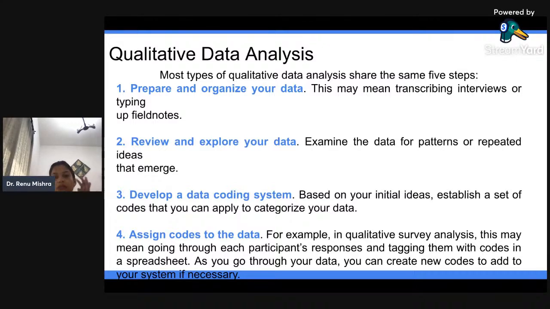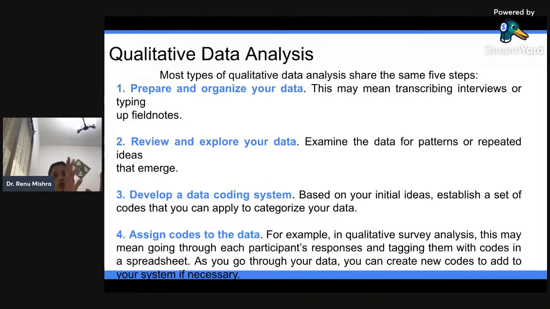You prepare a spreadsheet. By giving a code, you are basically translating your data. In simple language, you are making your data easy to understand.